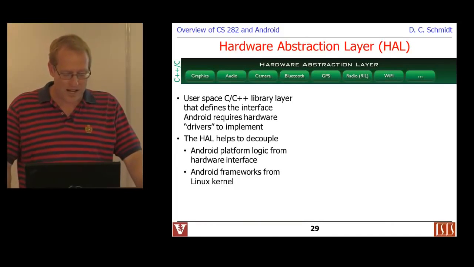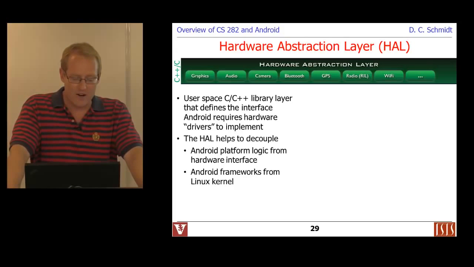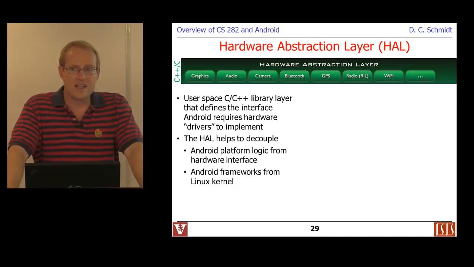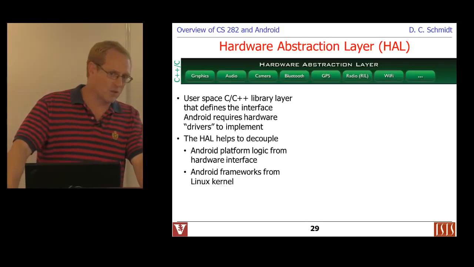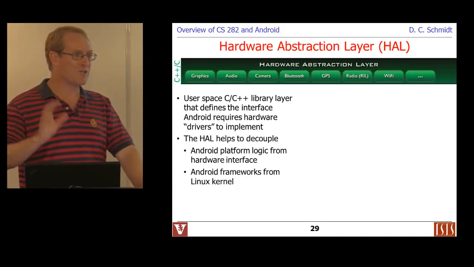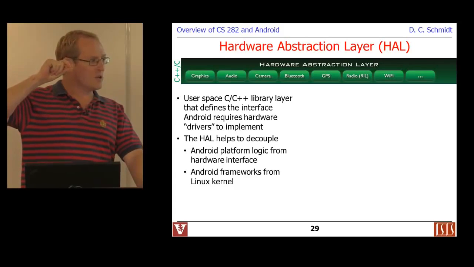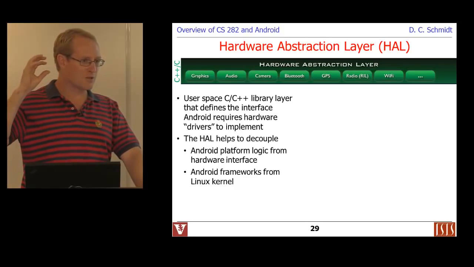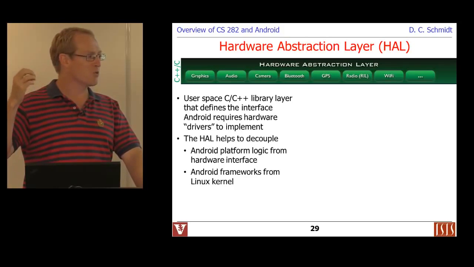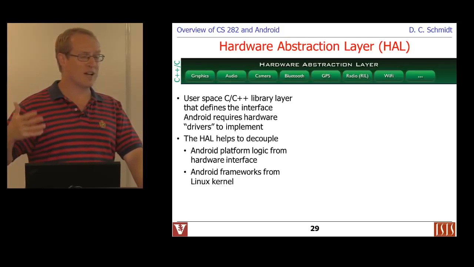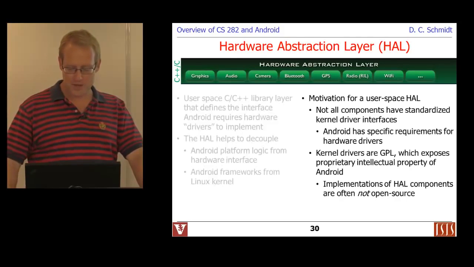So Android provides something called the hardware abstraction layer that allows vendors to write device drivers that live in the user space, which is a weird place for device drivers to live. Device drivers typically live in the kernel, but they actually run in the user space, and they're used for a variety of purposes, the most perhaps important of which is people who write device drivers in user space don't have to give the code away because they're not licensed with the GNU public license.